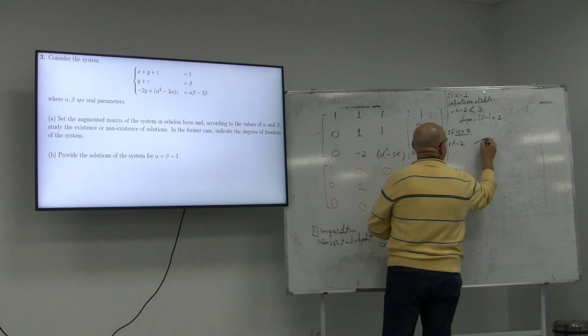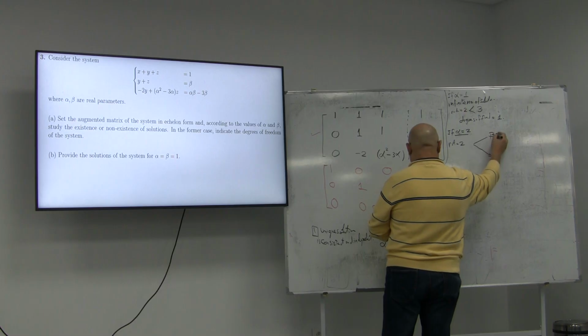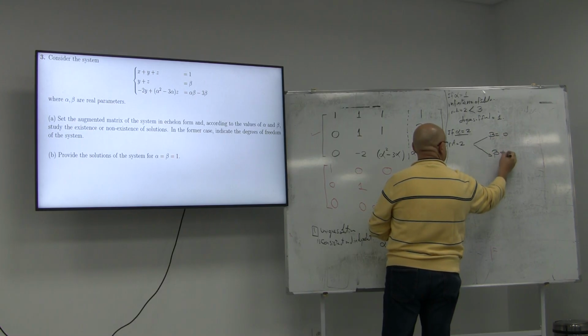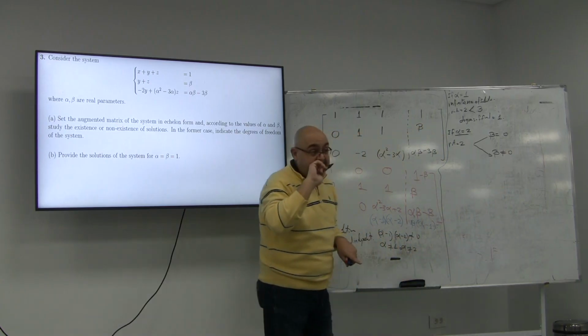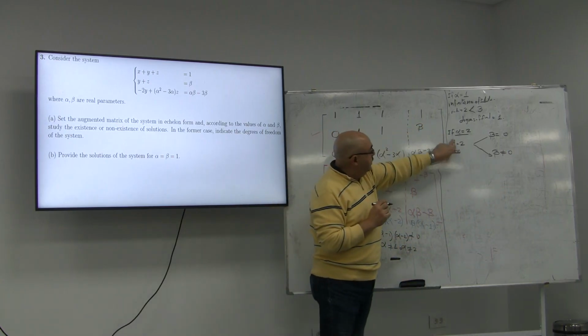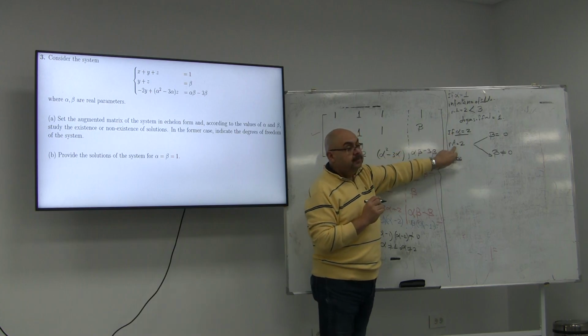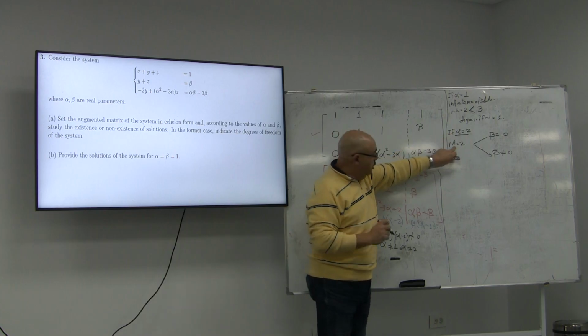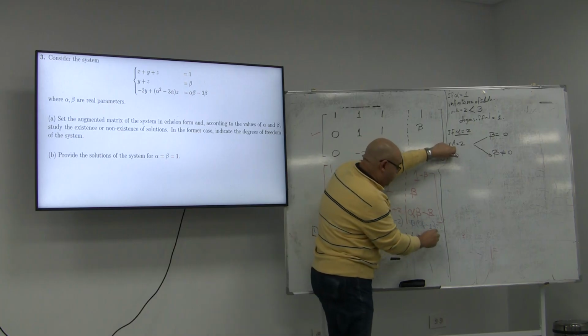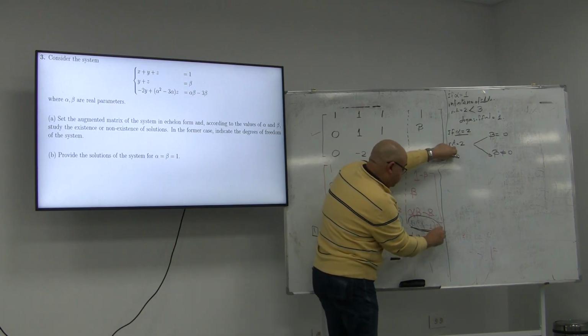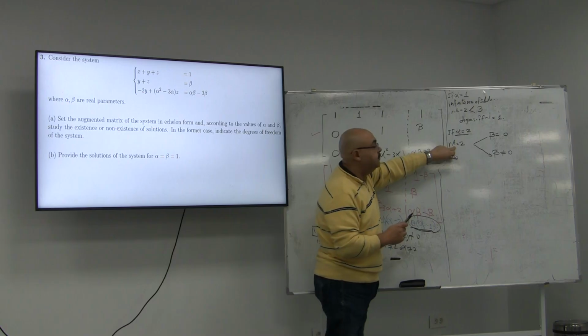So I will study the two cases when beta equals 0 and when beta doesn't equal 0. So if alpha equals 2, the rank will be 2 for the A matrix. For the augmented matrix, the whole matrix, it will depend on this value, which is beta times alpha minus 1.